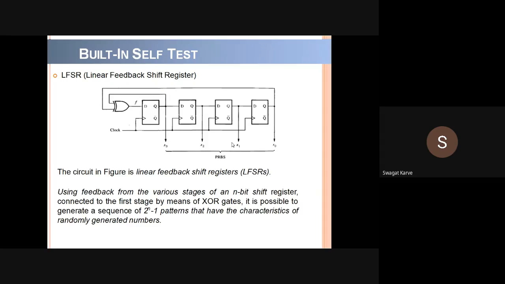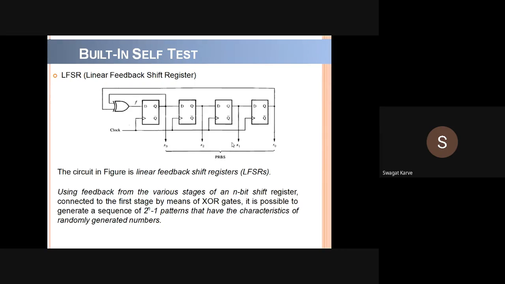If the modulo 2 addition of any inputs gives an output that belongs to the set of those inputs, then you can say the circuit is linear. For example, you take a modulo 2 adder, that means XOR addition of any inputs provided by you, and if the output generated by that XOR gate is also a valid input, then you can say that the system is linear. In this case, you take the XOR addition of any random inputs, and whatever output it generates is also a valid input, so it's a linear circuit.